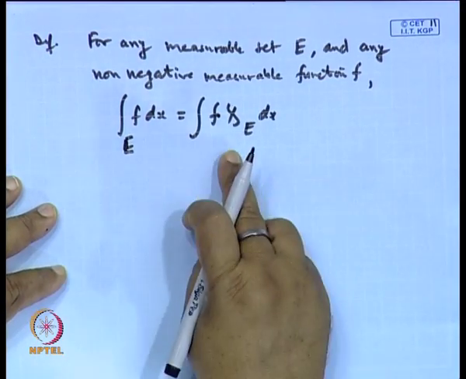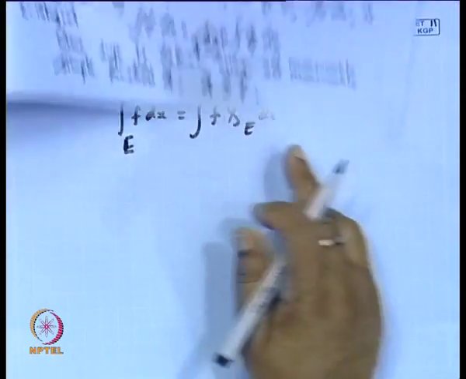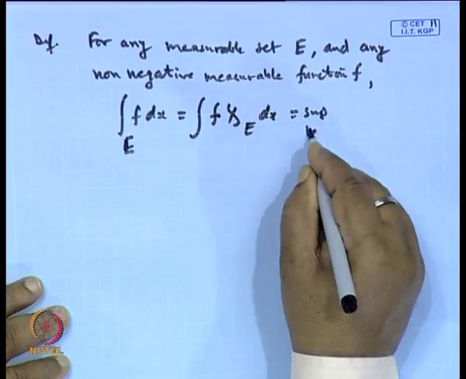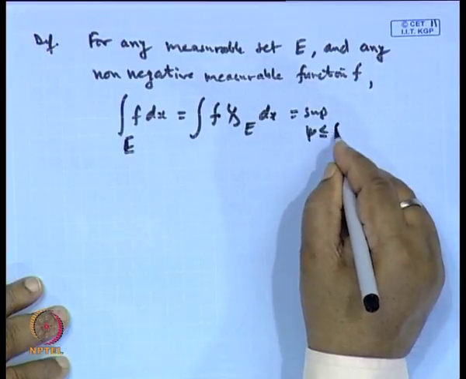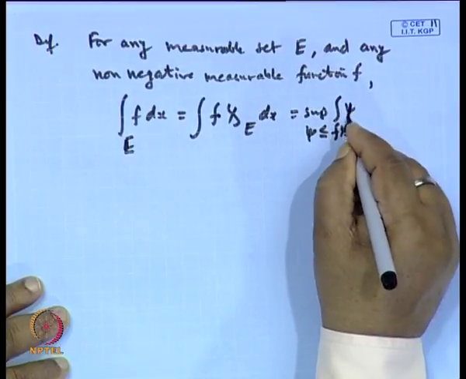So, this is the supremum over psi, where psi is less than or equal to f times the characteristic function of E, of the integral of psi dx.